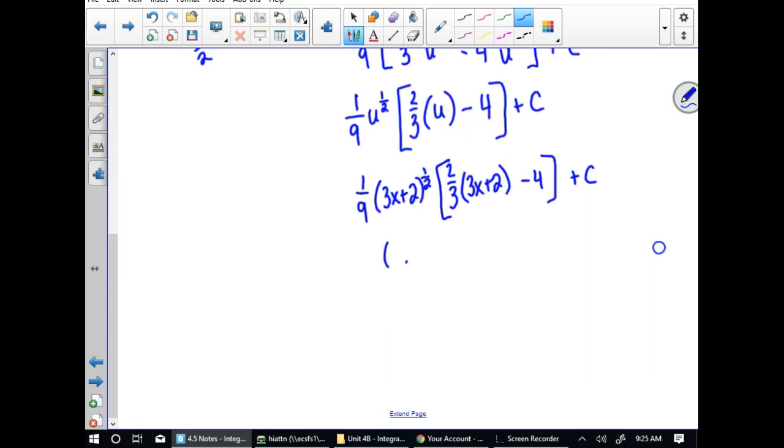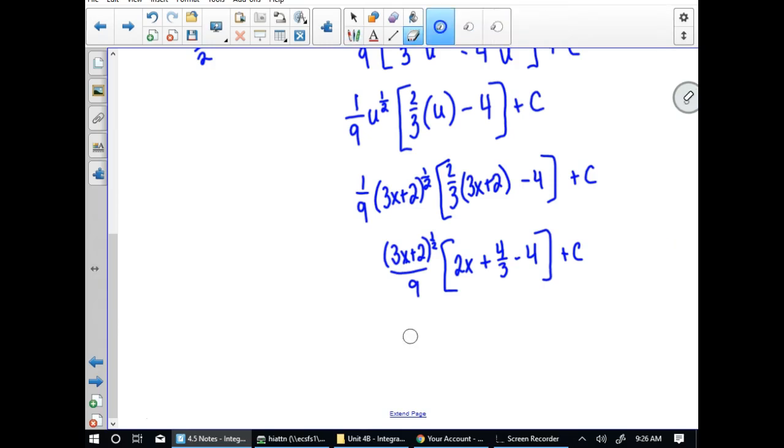And they might write it like this: 3x plus 2 to the 1/2 over 9 times, you're going to get 2x plus 4/3 minus 4 plus c. Let's not even write it like this.